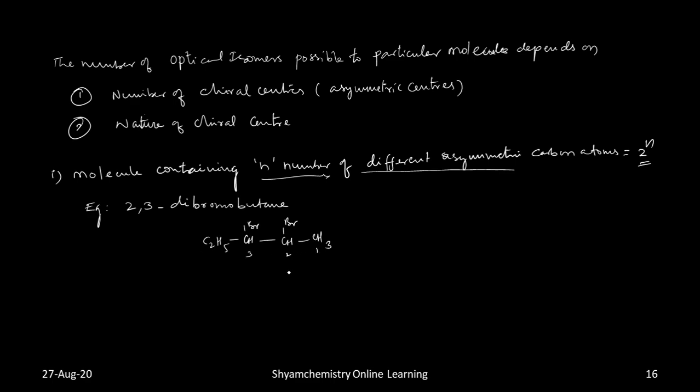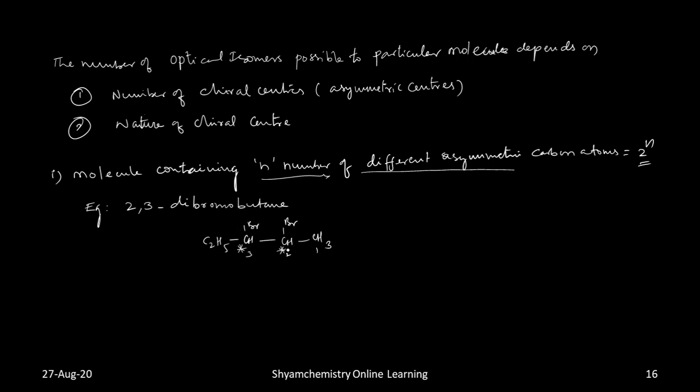Here two carbons, 2,3-dibromo. The second carbon is a chiral carbon or asymmetric carbon. Here also a chiral carbon, which has four different groups. Here bromine, ethyl group, and hydrogen is the fourth group. For this one, the same bromine, here methyl group, hydrogen, it is a different group.